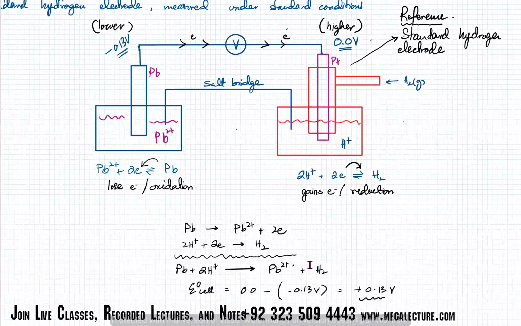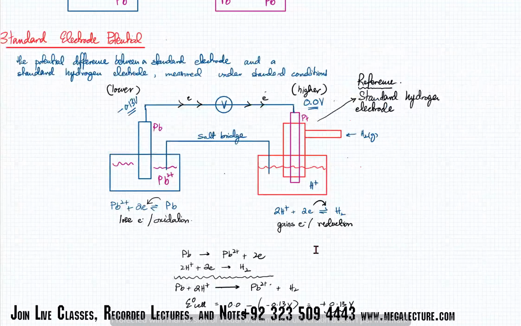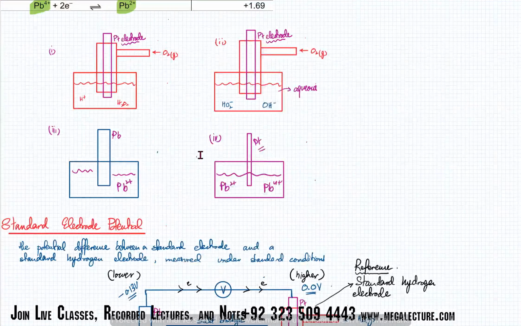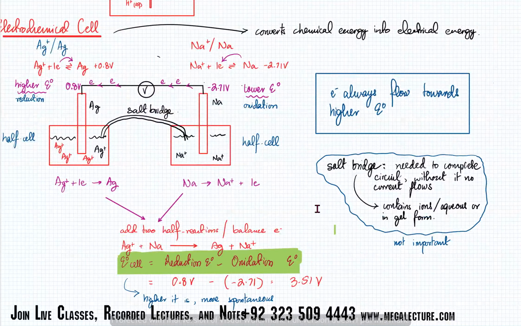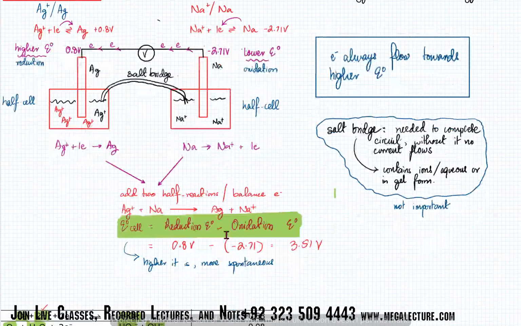Last time, do you remember what it was? Last time we had an E0 cell of 3.51 volts. So that was a very vigorous reaction. The potential difference between the two electrodes was extremely high. But not in this case. The electrode potential is not that high.